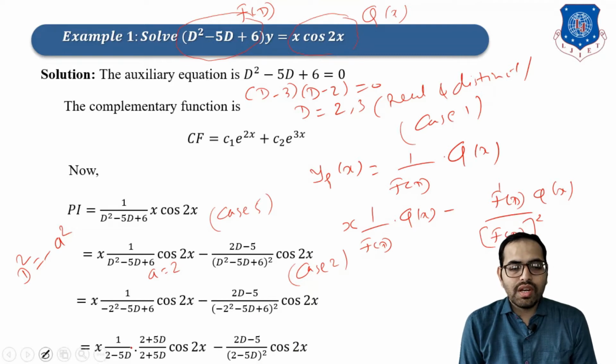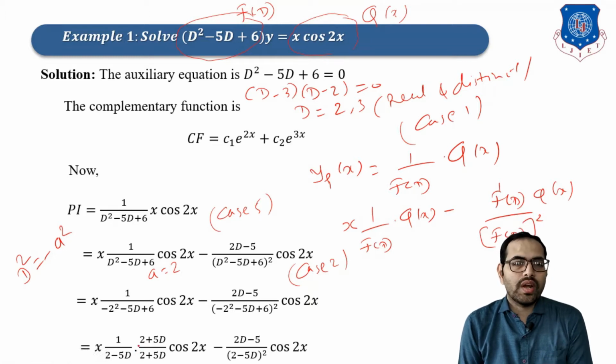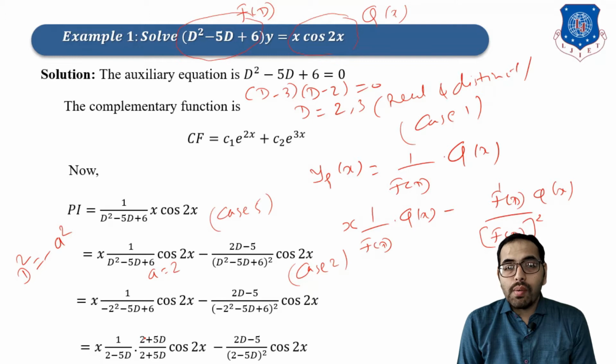See, here in the denominator we have 2 minus 5D, but we require the D square term. For that, obviously, we take the conjugate. Multiply and divide by 2 plus 5D in the first term and simplify.